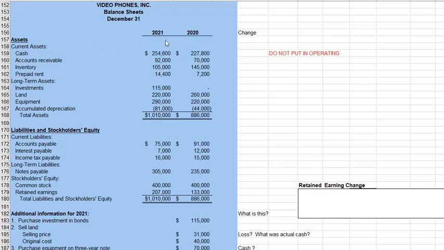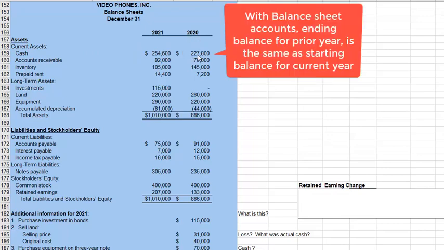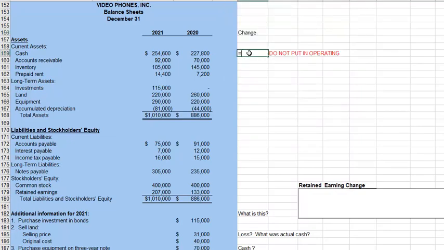Let's take a look at this cash. We ended 2020 with $227,000 in cash. We ended 2021 with $254,000 in cash. Here we have an increase in our cash. Let's do a quick calculation here of 2021 minus 2020 to give us our numbers here. That is the amount of increase in cash.